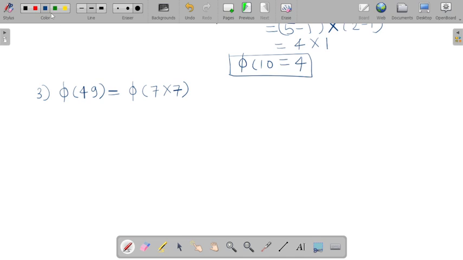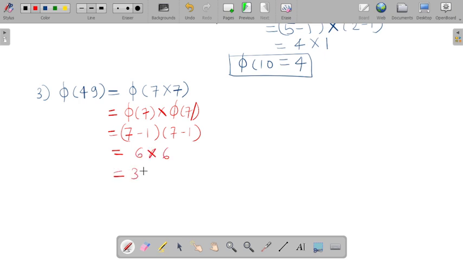What students are doing wrong is taking phi of 7 into 7 as phi of 7 into phi of 7, with the value 7 minus 1 and 7 minus 1, that is 6 into 6 is equal to 36. But this is the wrong method.